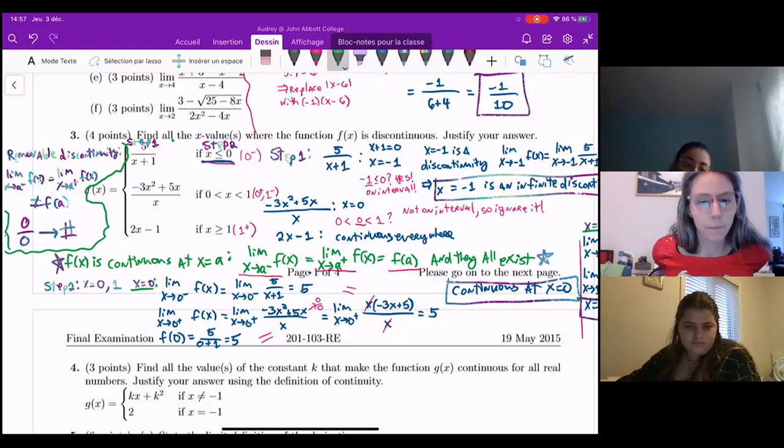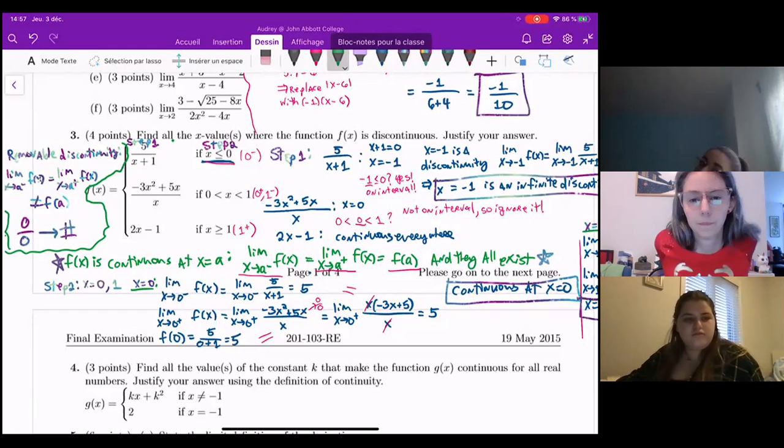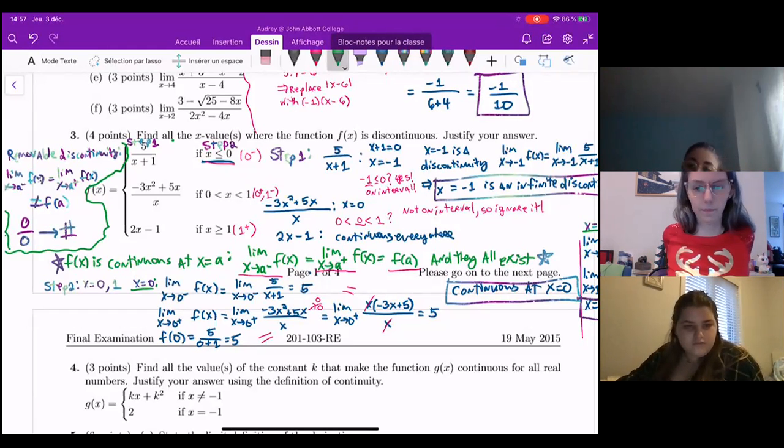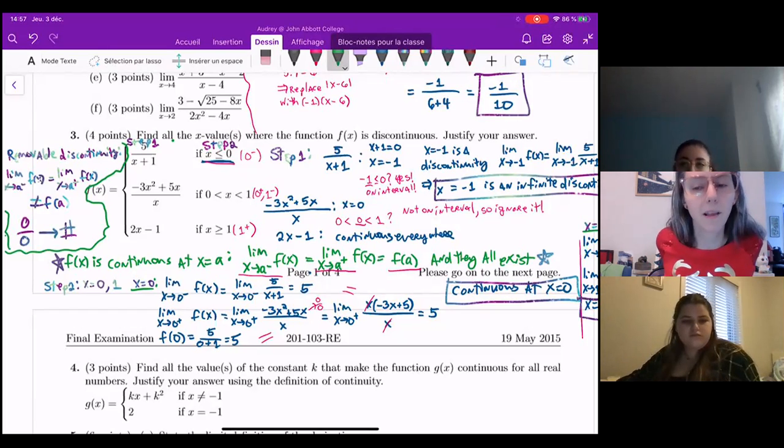Can a jump occur in step one? Remember, a jump happens when my left and right limits are different. Can a jump occur in step one?